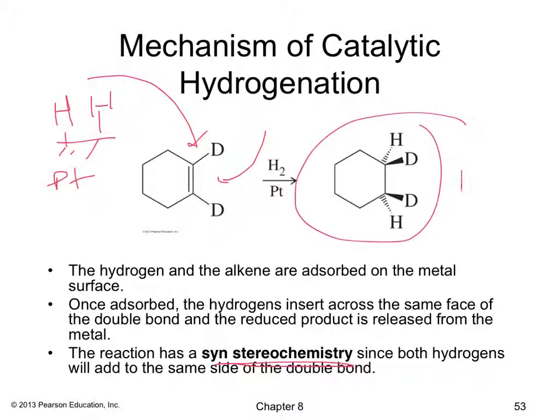So you can have this coming in from the bottom side as well as it coming in from the top side. So I'm going to show hydrogens, and then the deuterium in the back. So these two are generated, right? Because you can go on the top or the bottom face.